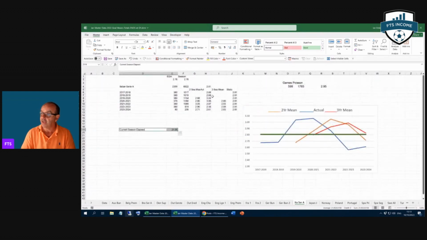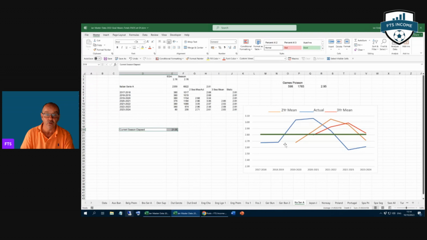But Italy actually had their only 2 seasons out of the last 7, including this one, where they generated over 3 goals per game. They came in the COVID years. Last year was a significant drop, a third of a goal a game, 2.87 down to 2.56. And this year it's stabilised around that number at 2.61.